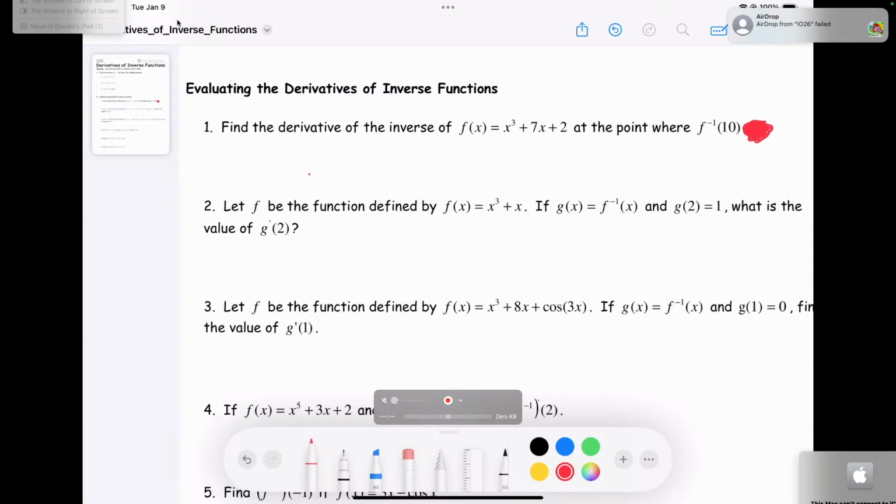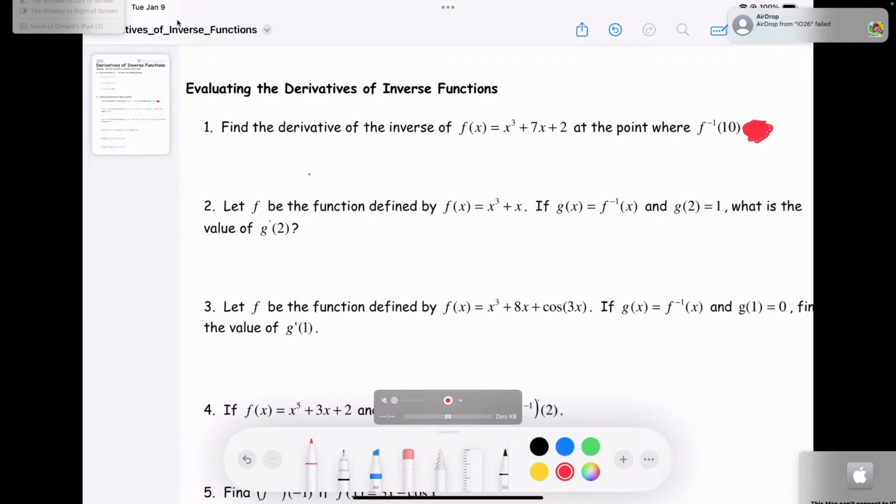It's one over the... Today's Tuesday or Wednesday? Wednesday. All you need is the 1 over f prime of f inverse, right? Because we're just finding the derivative of the inverse. So we know f inverse.